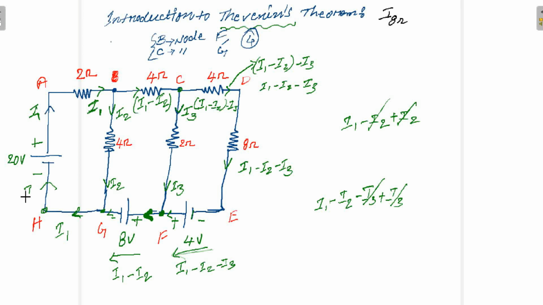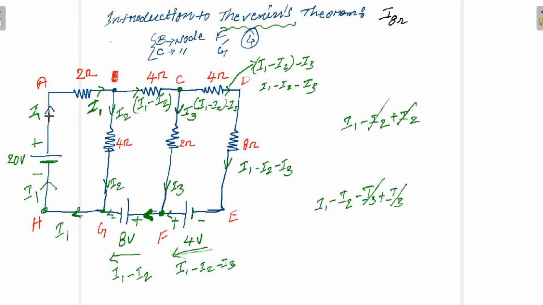Now you can consider your current directions are equal when the current which is leaving from the positive polarity, the same amount of current comes into the negative polarity of the battery.